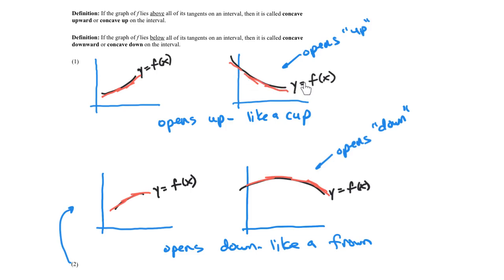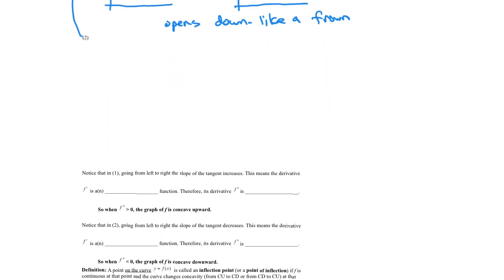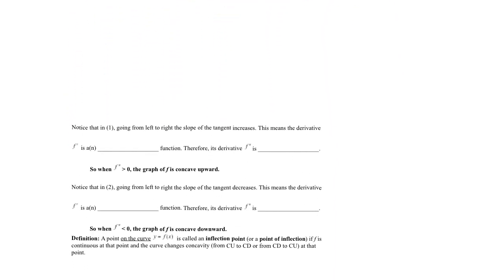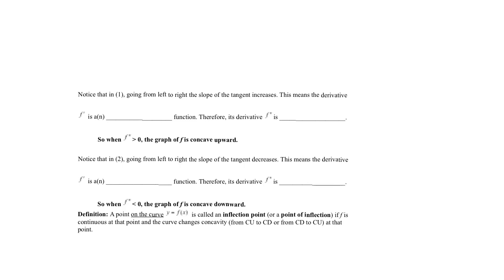So f prime is increasing in this case. When we look over here, we can see that going from left to right, the slope of the tangent line increases. This means the derivative f prime is an increasing function.